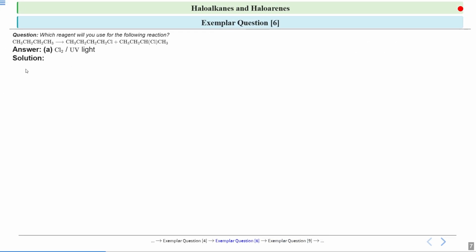For this question, the correct answer is option A, that is chlorine molecule in the presence of UV light.